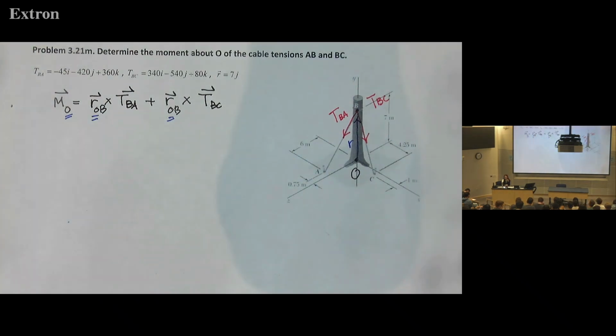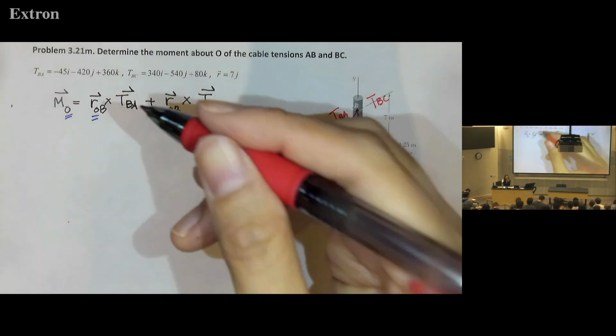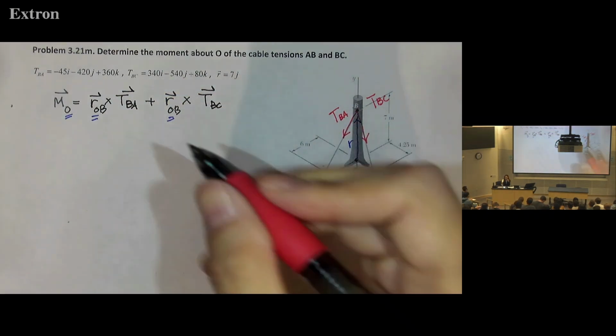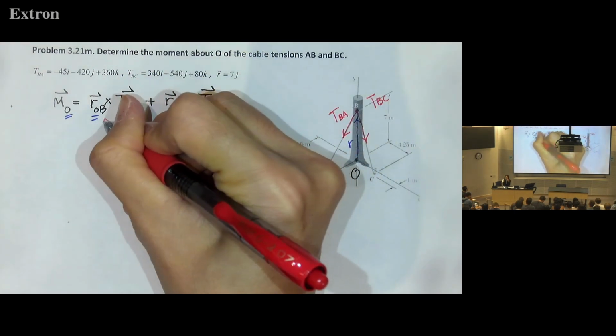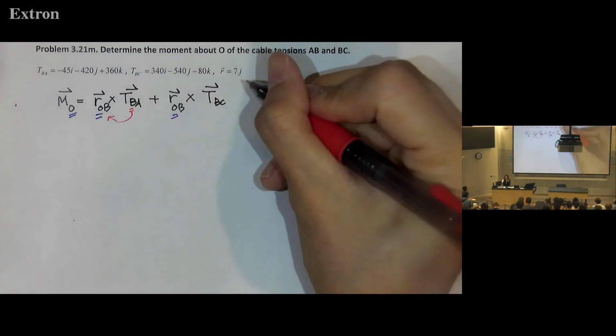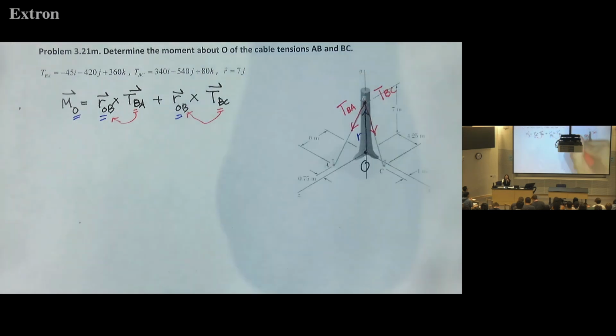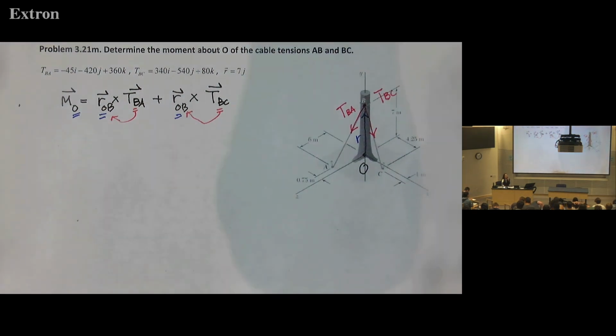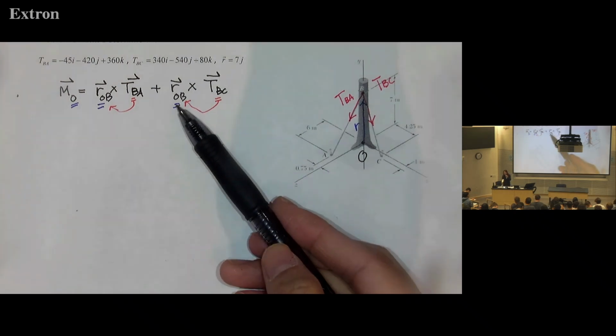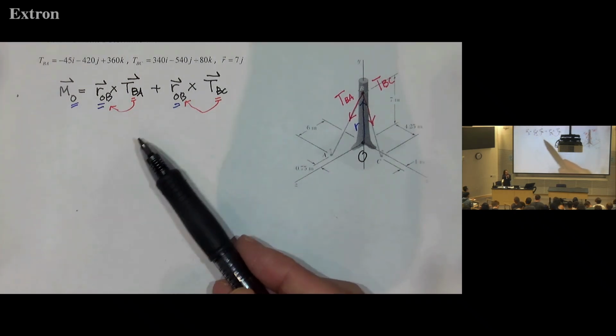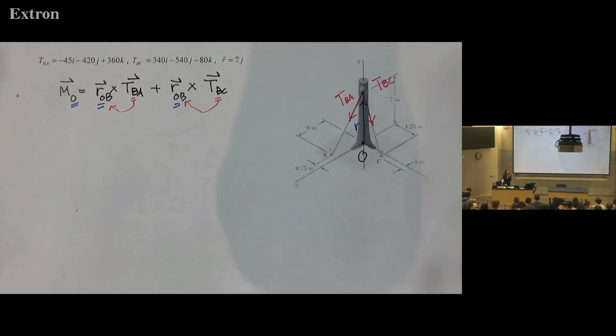And the second subscript is the point of action of the force. Same thing for the other. That is how you quickly set up 3D moment equations. It's OB, OB. Any questions?